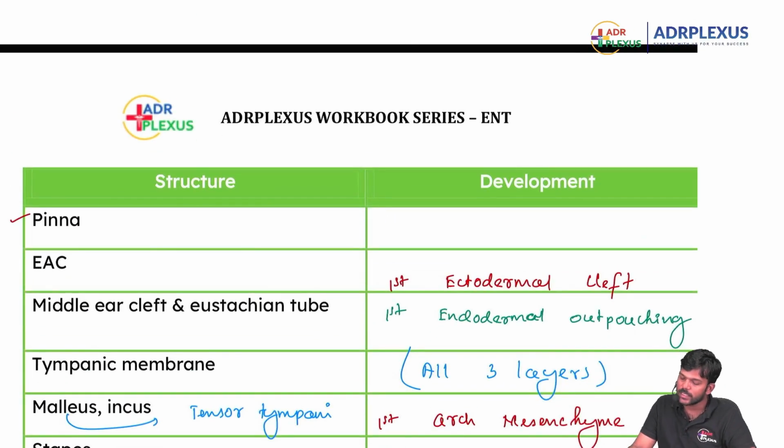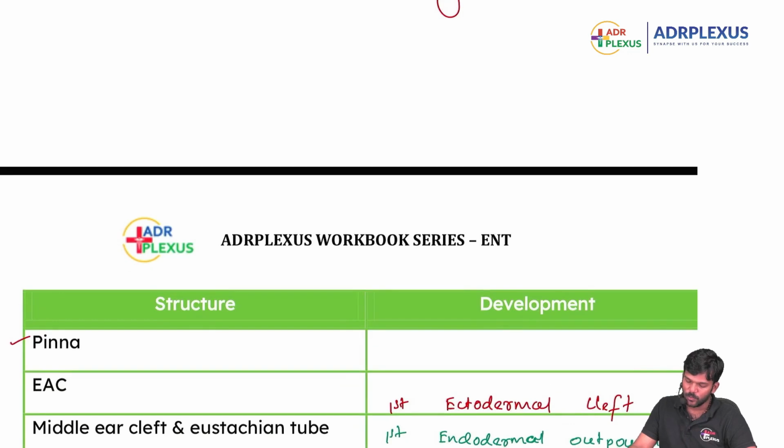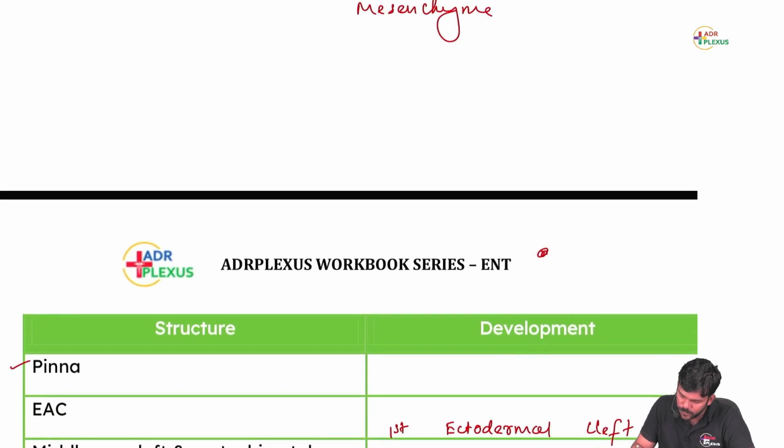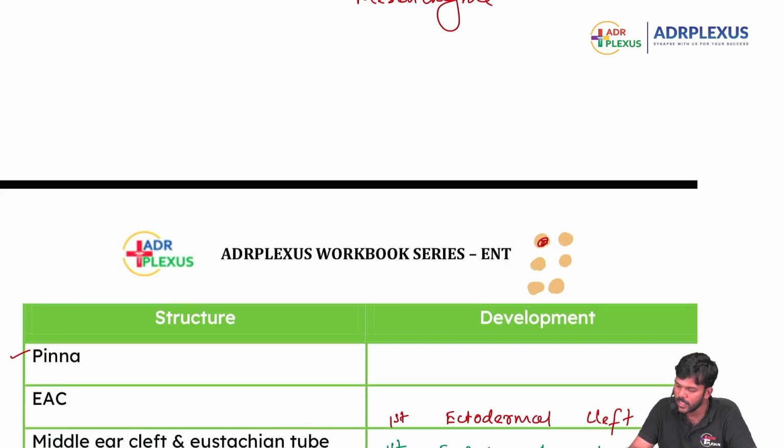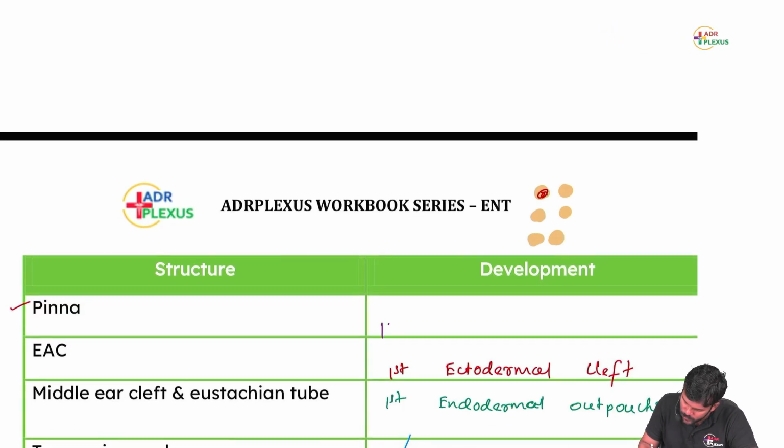So pinna has distinctive entity. Okay. So pinna develops from 6 island-like structures called as hillocks of His.